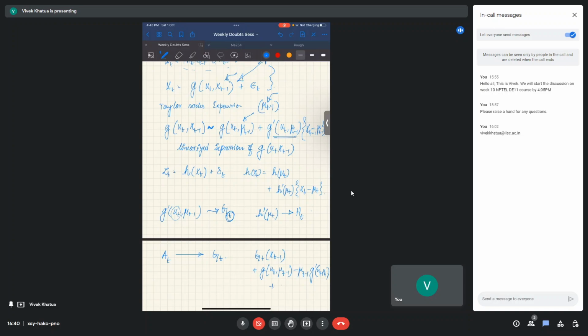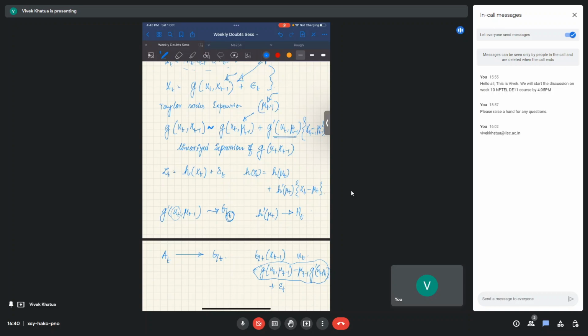Plus some stochasticity. Here you can see that this entire term is dependent on u_t. Let it be linear or non-linear, we are not bothered about it, because we don't use B_t in any of our calculation, at least not in our belief prediction or belief measurement.